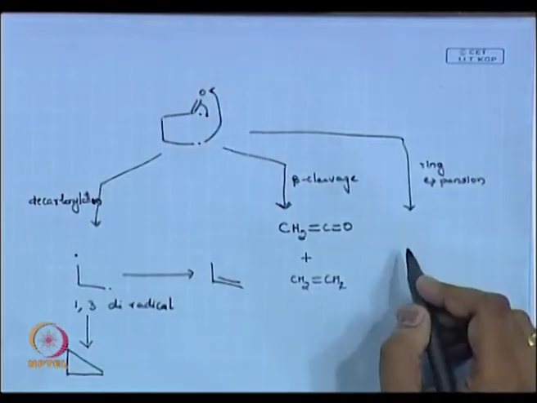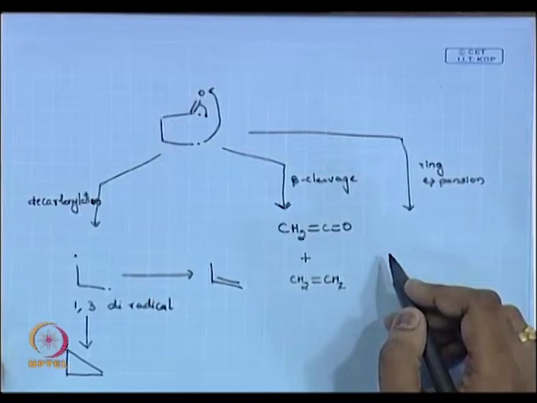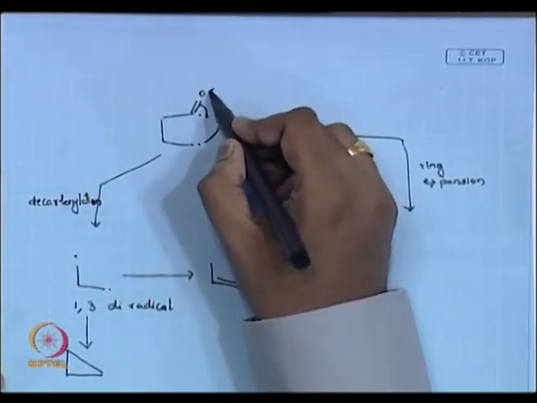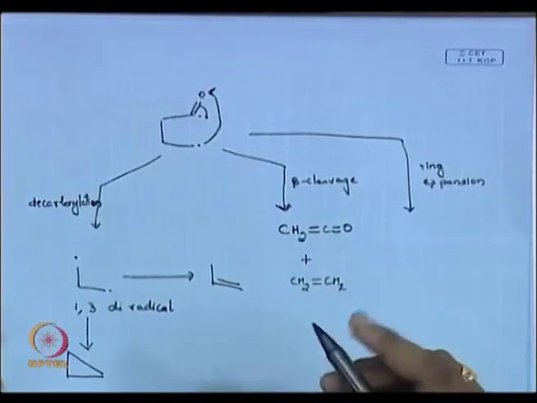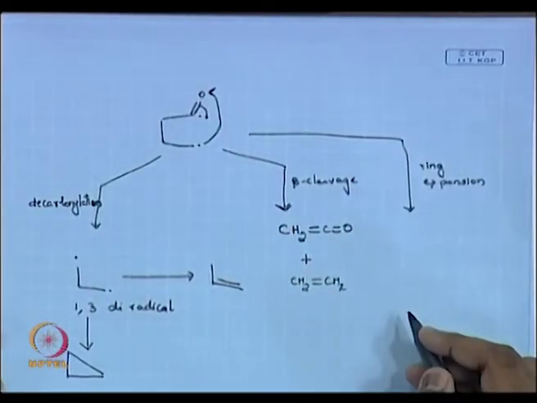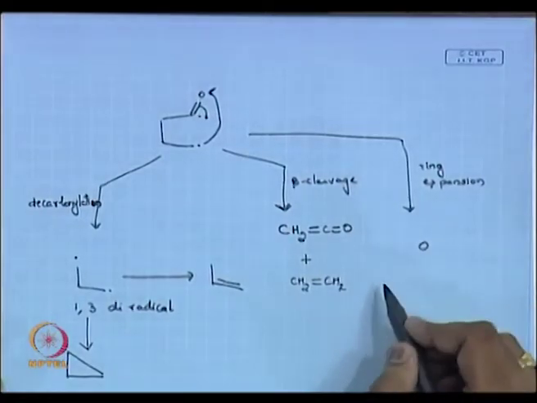See what happens, ring expansion. What are you thinking of? Any idea what you can get? It's a radical, okay. You get a nice product. Can you write that? What do you get? You get an oxacarbene.